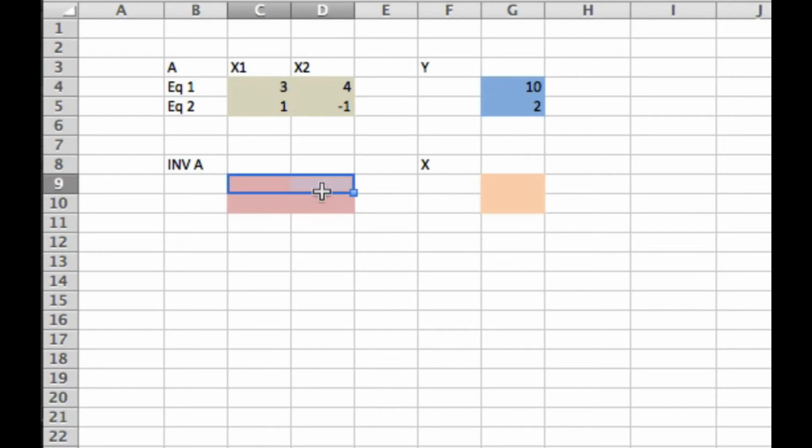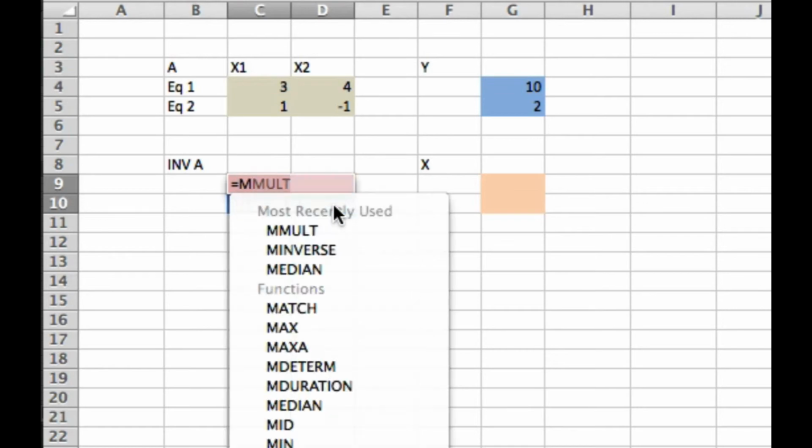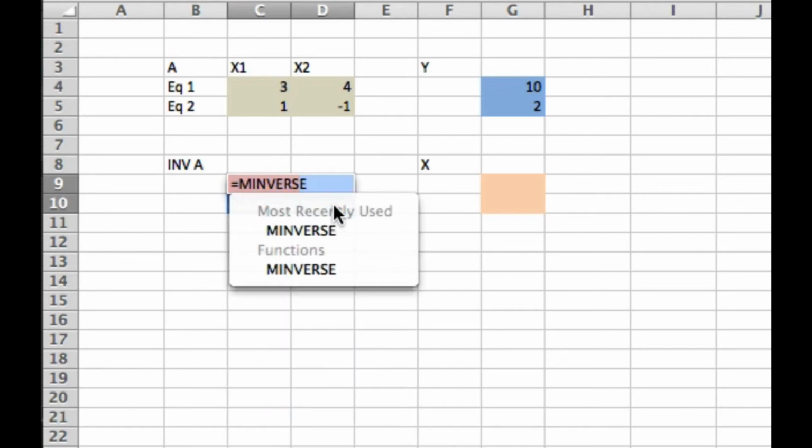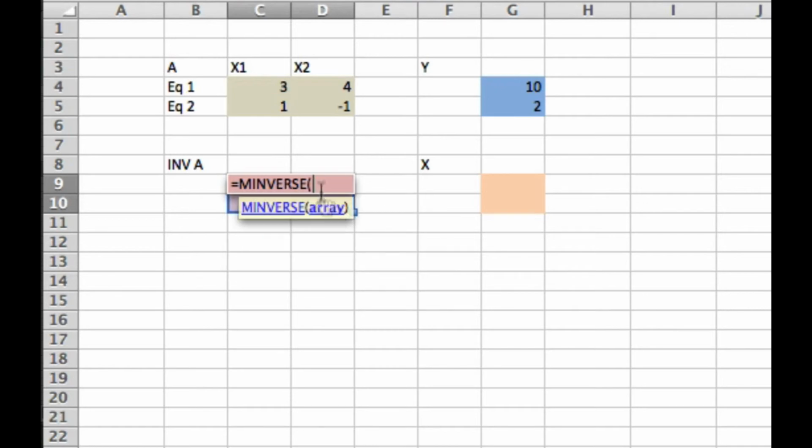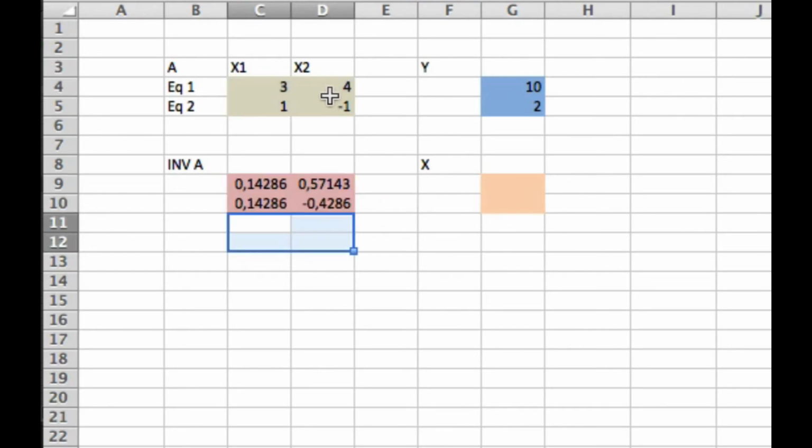So what we want to do now is to get the inverse of matrix A right here. So we just define the area where we want the inverse, and then we write MINVERSE, and the argument is right there. We close the parentheses, and then we hit Command Enter, and we got the inverse. The next thing we do is to multiply the inverse by the right-hand side.